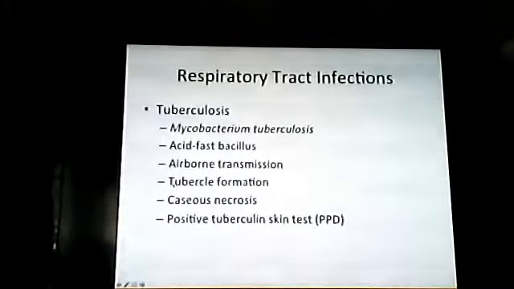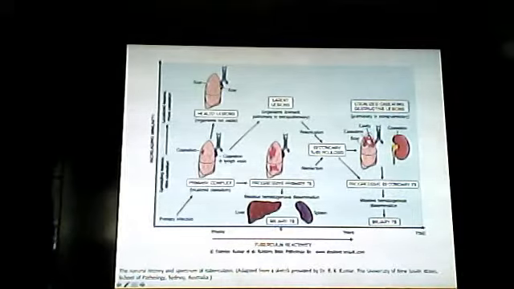It's important to note with tuberculosis that it can be latent, even if you supposedly got rid of it, and then it can always come back. So it's very difficult to make sure that it stays gone forever.